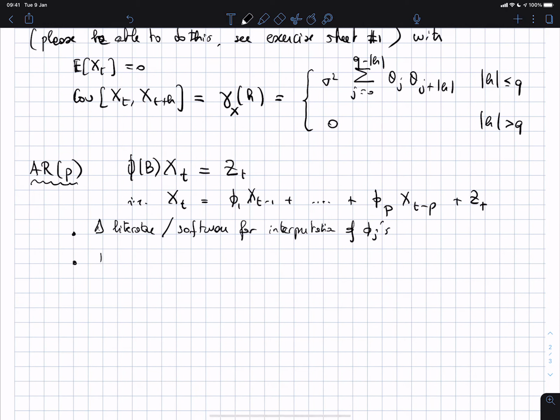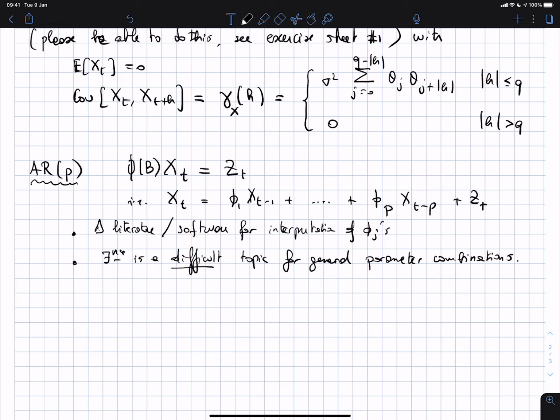Second is that it's really hard to check existence for general parameter combinations. And we won't prove a general result. I will give you one, but I won't prove it. So I decided for you that we would focus on p equals 1.